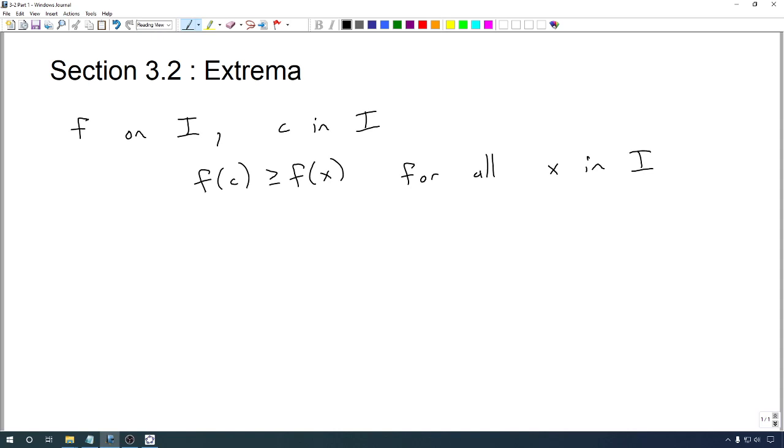But we're going to be a little bit more specific and say that f of c is the absolute maximum of the function.